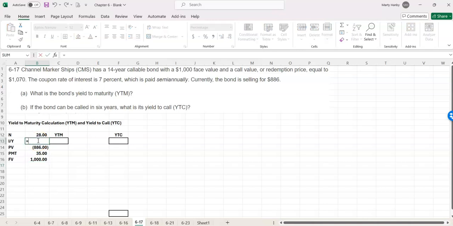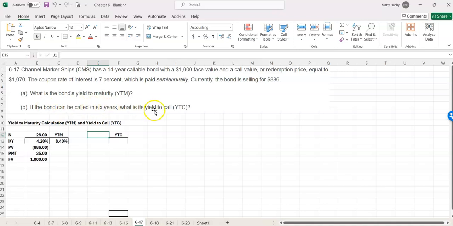And then equals RATE, with number of periods, comma, payment, comma, PV, comma, and then face value, comma. So 4.20%. That's the semi-annual rate, so we have to multiply by 2. So 8.4%.